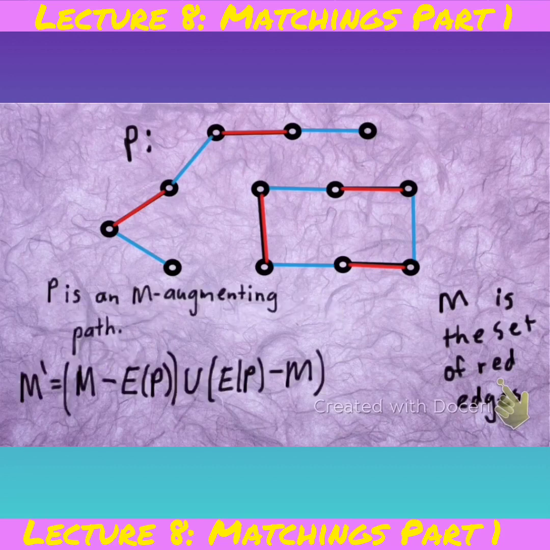This new matching is the matching M prime, and it's composed of the edges: I take my matching M, which is the red edges, and from that I take out all the edges that are on the path. Take the union of that with all the edges on the path without M.